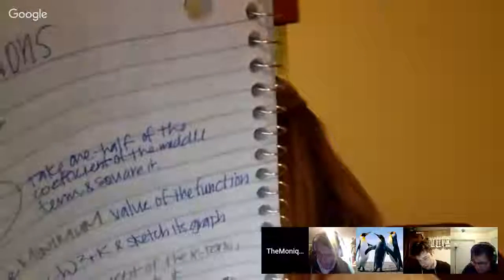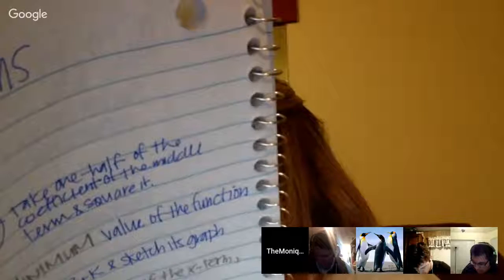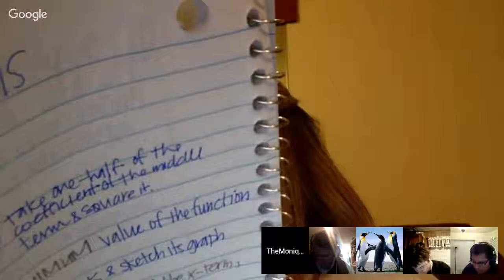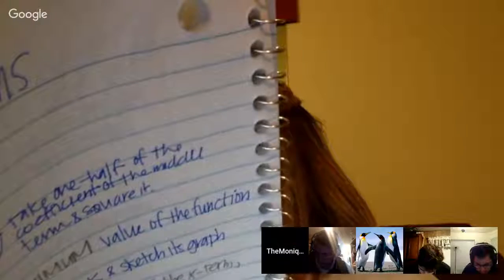So what did you guys get? 3 in parentheses x squared minus 4/3 x plus 4/9, and then plus 20 over 30.